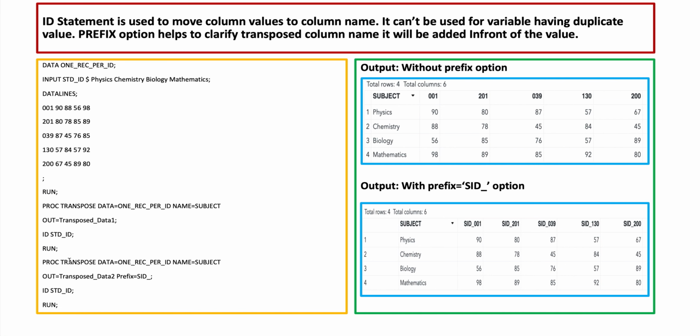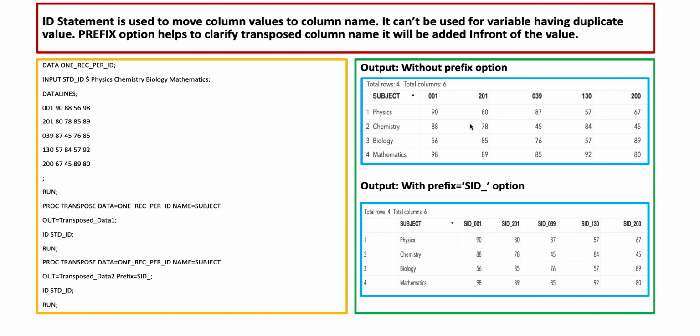We have 2 set of code. First set of code, it transposes value of student ID to column and it transposes all subject to a row. And we provide that column name subject.